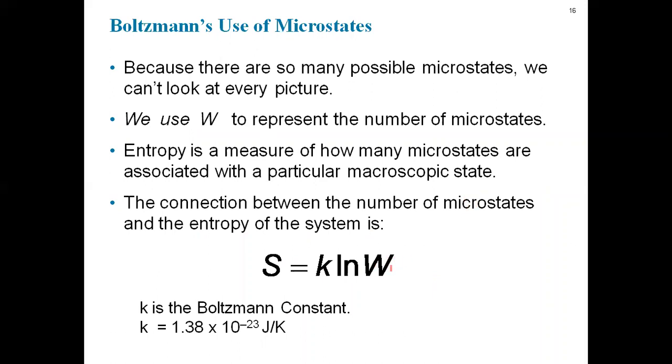Then you put it into this equation. It's a very simple equation, but it's sometimes tedious and difficult to calculate W. Once you have W, you put it into this equation, where ln is the natural log, and with k, you can get S.